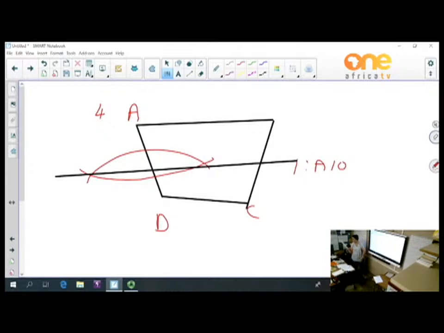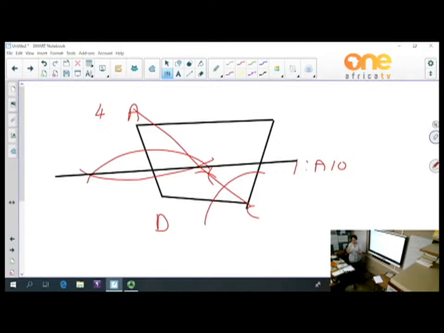I take an arc, I make the construction there. Then you put it on that line DC, you put it on BC. And this is then the angle bisector that you construct, okay, the angle bisector.